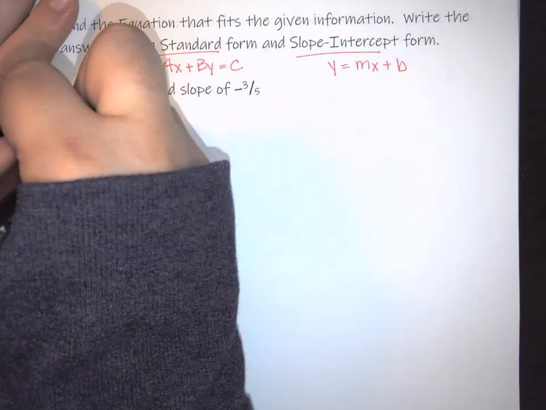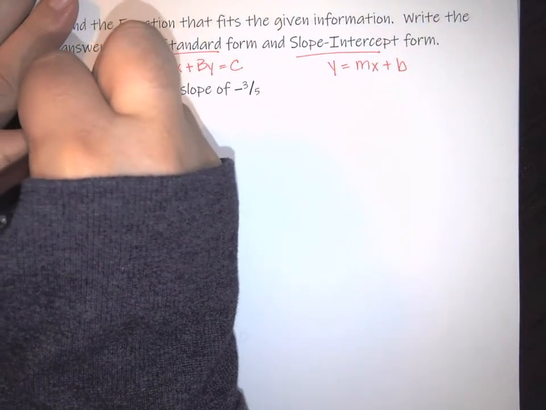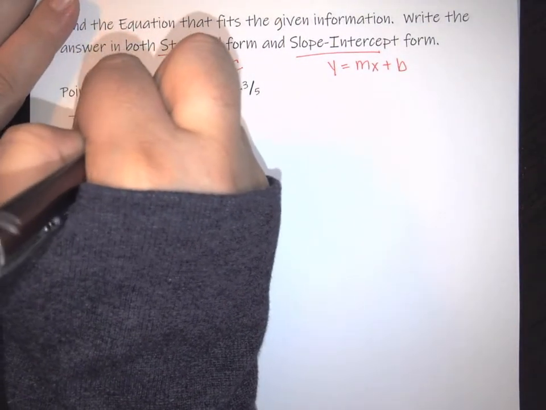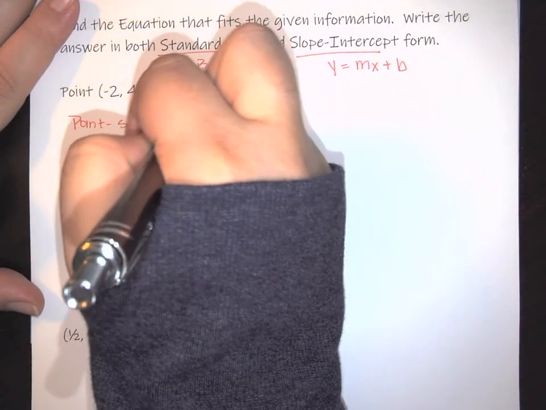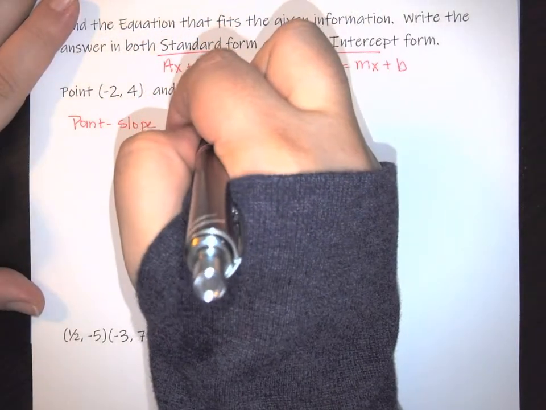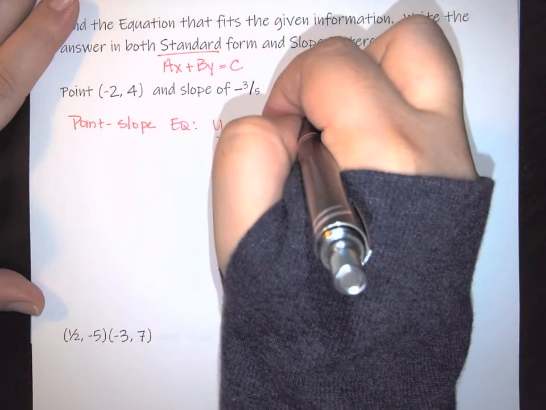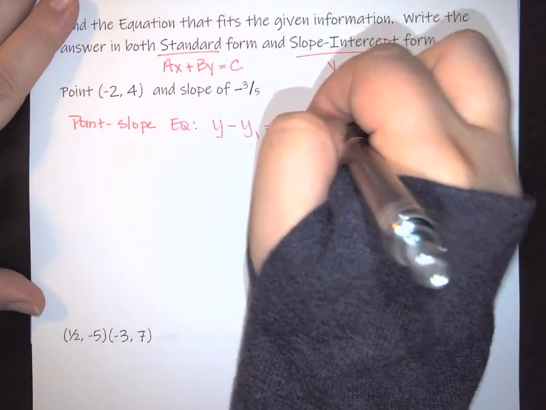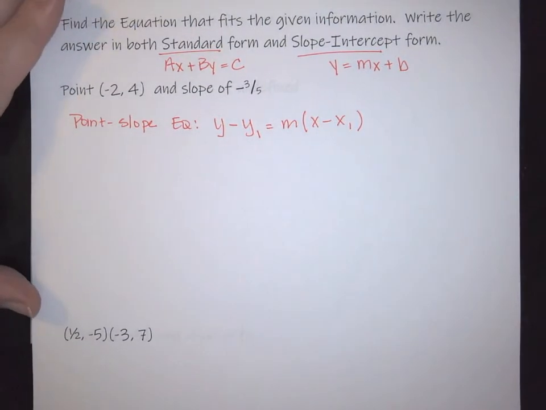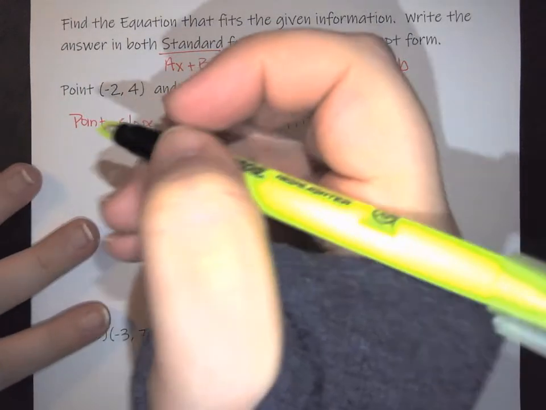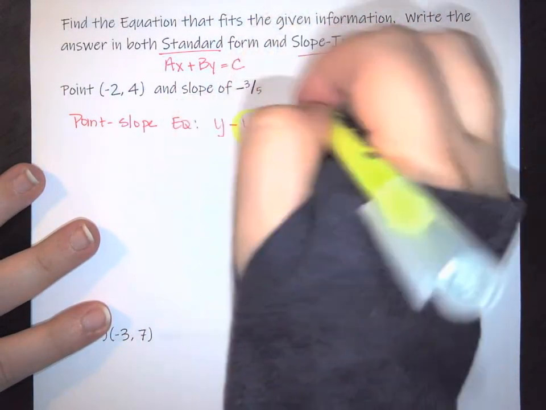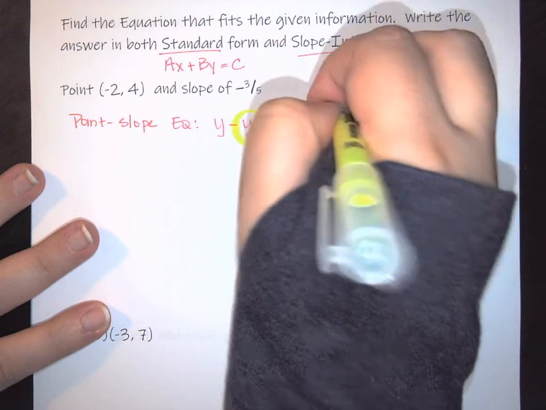So we are going to use what's called the point-slope equation, which says y minus y1 equals m times x minus x1. Now the pieces of this equation that are going to change, i.e. where you insert, are going to be y1, your slope, and x1.